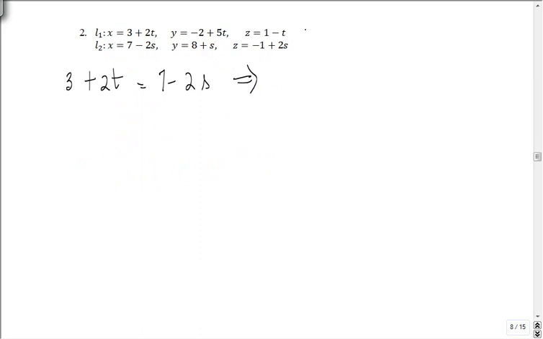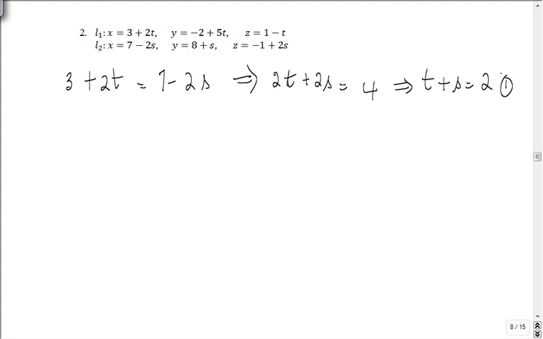That gives me 2t plus 2s equals, sorry, equals 4. I think I'll divide everything by 2. So that gives me t plus s equals 2. Hopefully that's going to help me.